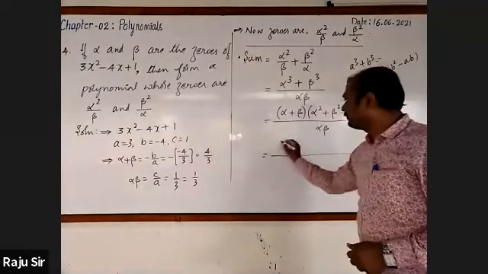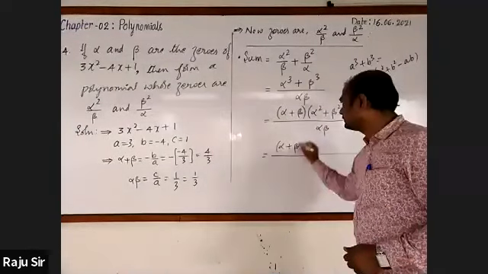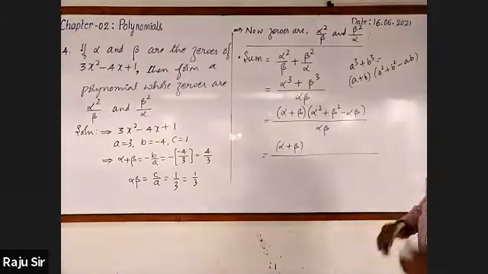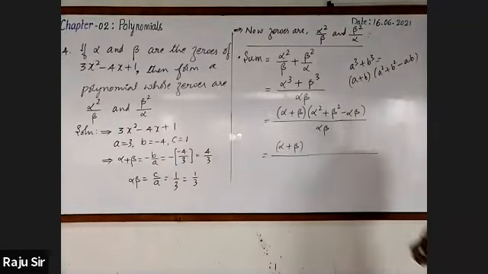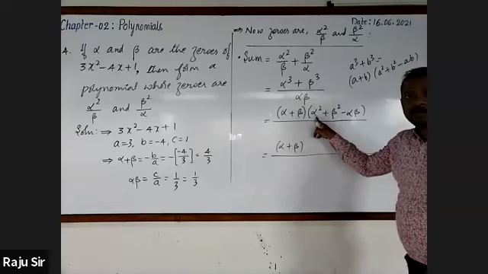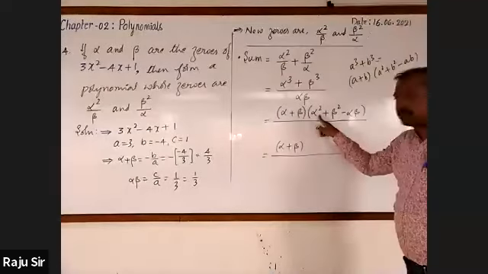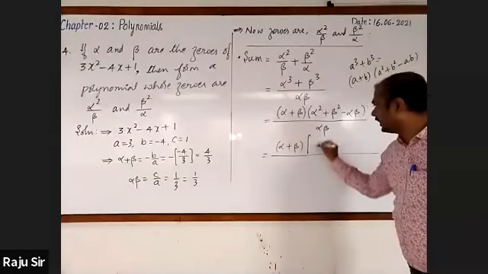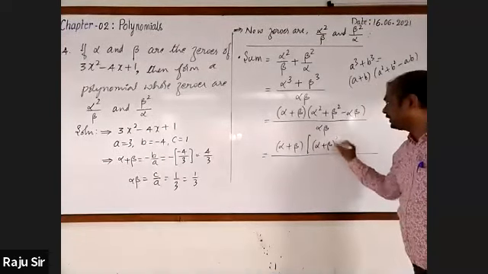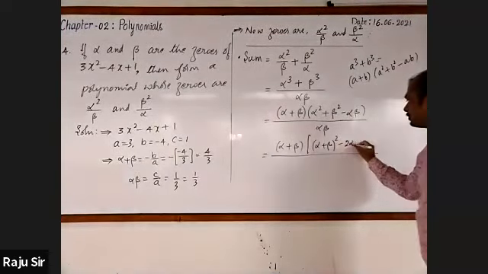Let me write this alpha plus beta as it is. Please don't write, just answer. Alpha square plus beta square can be written as alpha plus beta whole square minus 2 alpha beta.